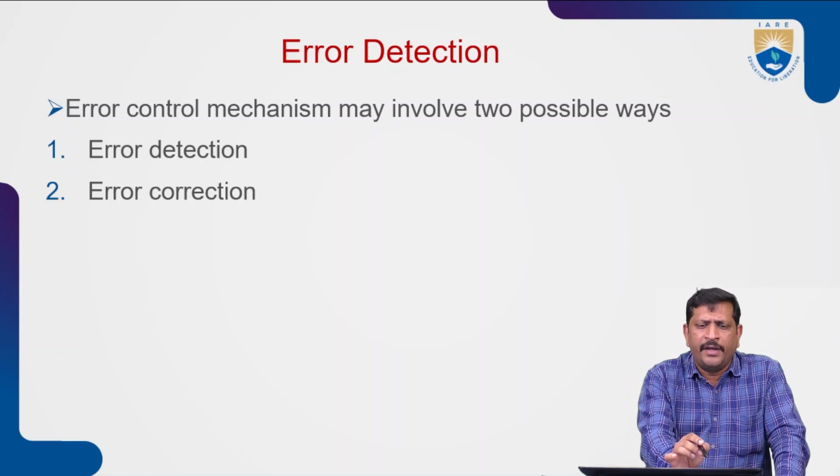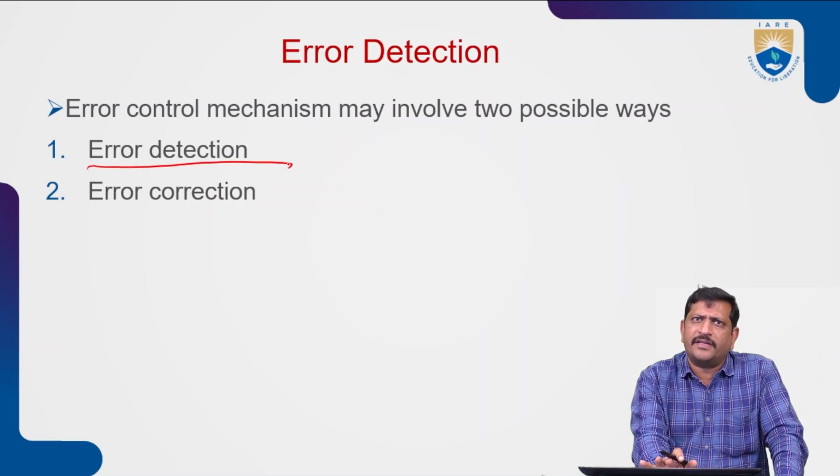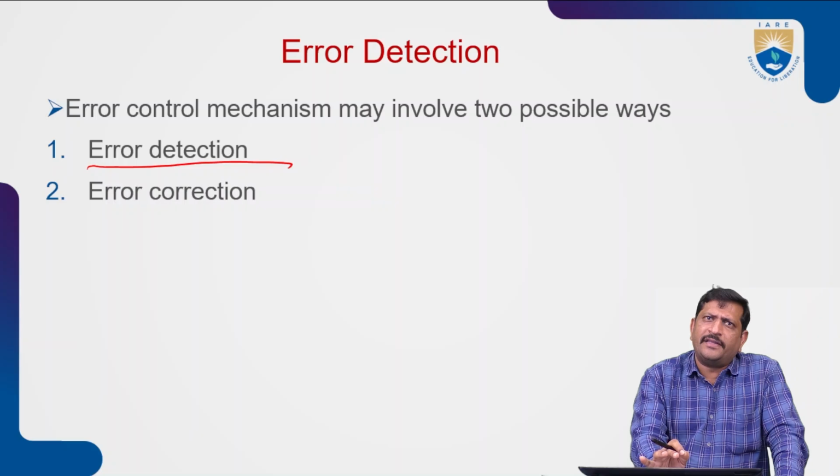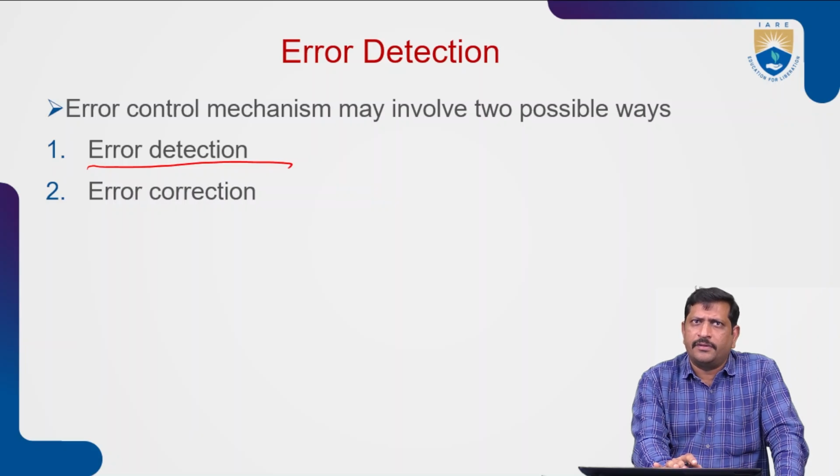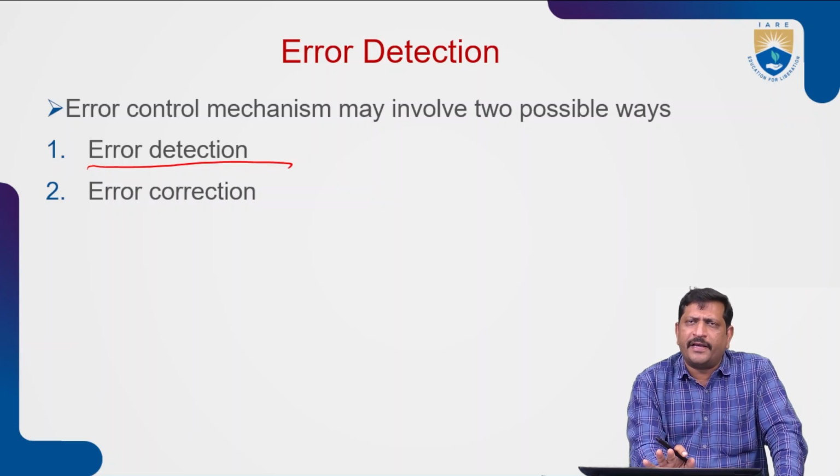First is detecting the errors while communicating between two devices. The types of error detection are one bit error, multi-bit errors, or burst errors. One bit error means the receiver receives only one corrupted bit of whatever the sender sent. And multi-bit errors means 2 bits, more than 1 bit.